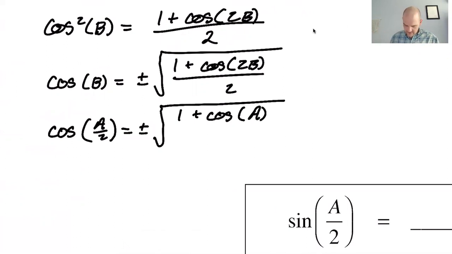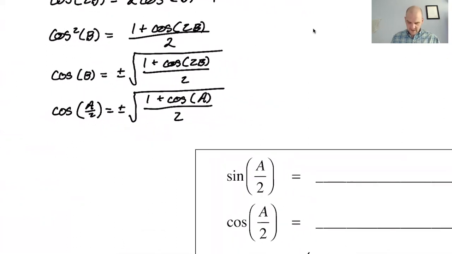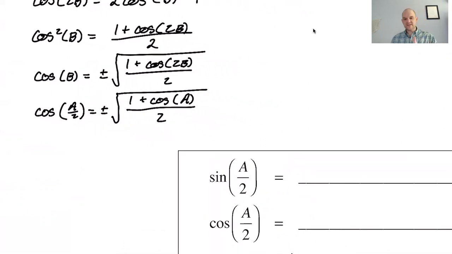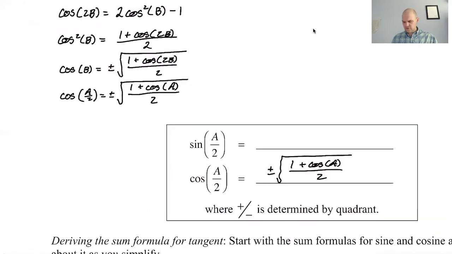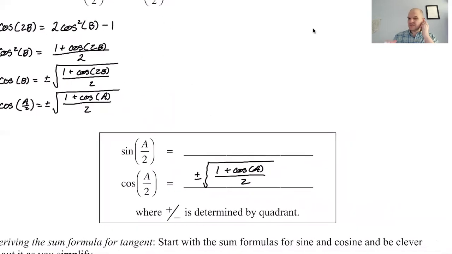It's like magic. These formulas, it's crazy. So hold on to the plus or minus idea. We'll come back to it in a second. So it's plus or minus the square root of 1 plus the cosine of a, over 2. It feels right to me. Cosine should have a plus in the formula because cosine goes with cosine.